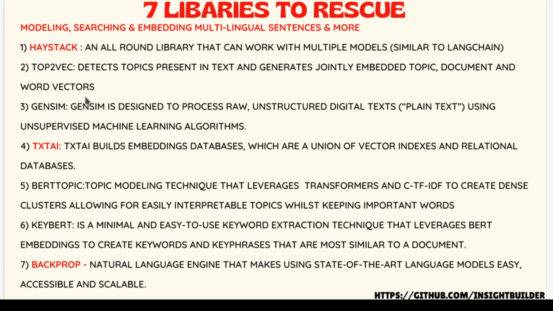This is something you might actually come across when you work with a huge corpus of text. Gensim is very similar to the other libraries that I have spoken about, Top2Vec, unstructured, etc. Gensim is one more library that works with unstructured digital texts, and works by using open source models.